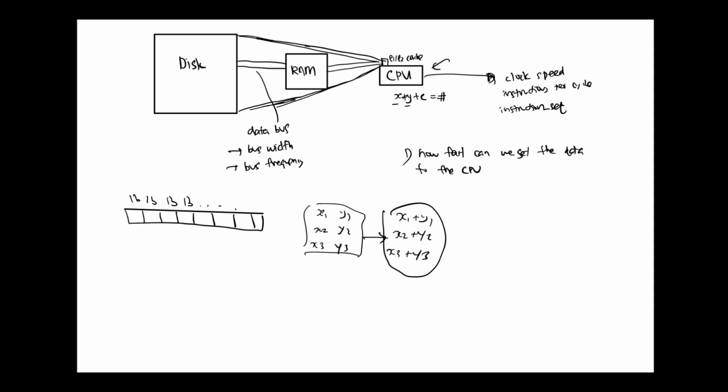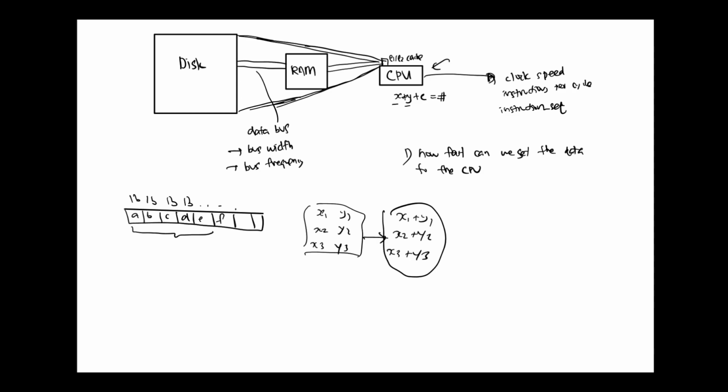Now, the thing about data transfer is that if you want to access, let's say, 5 contiguous blocks of memory, and we want to transfer them at the same time, we can do so, right?